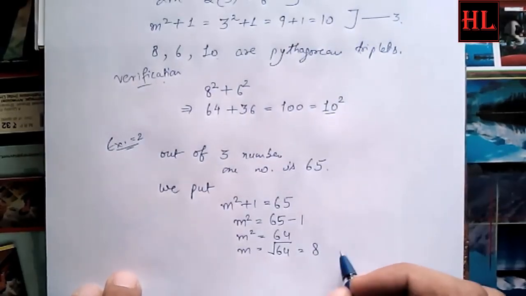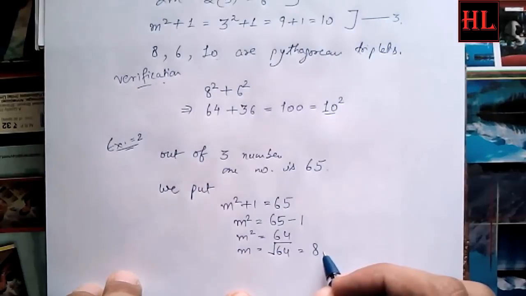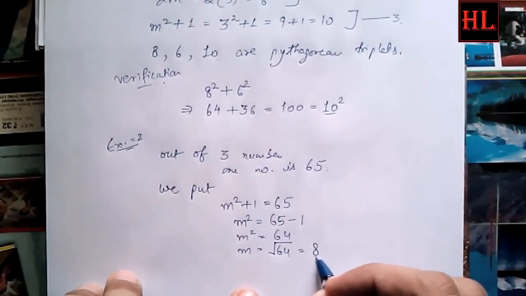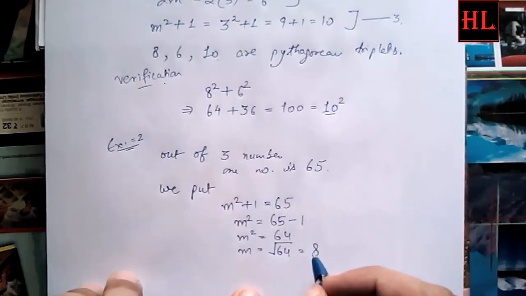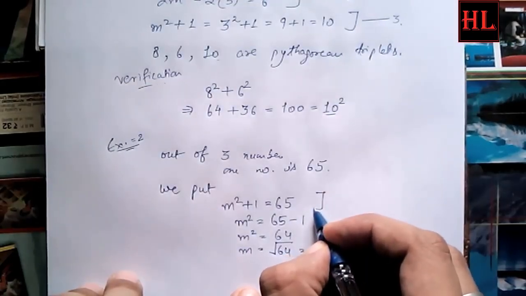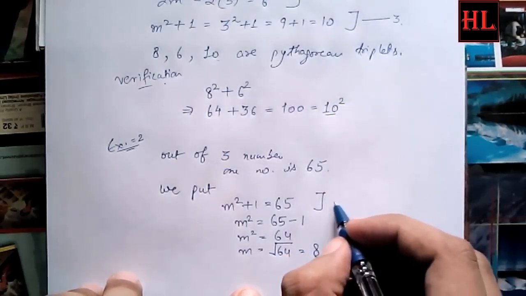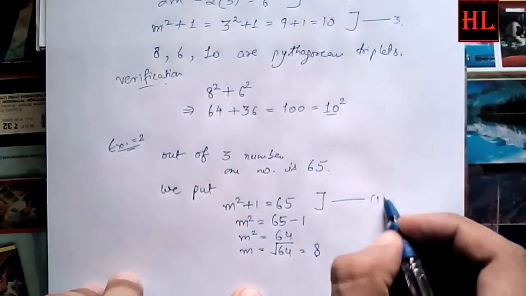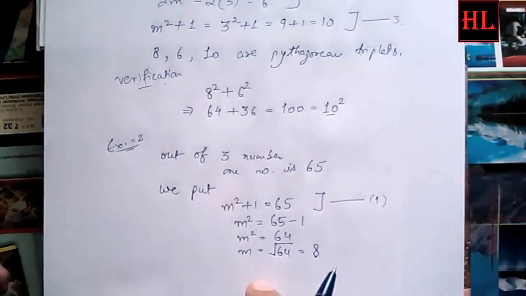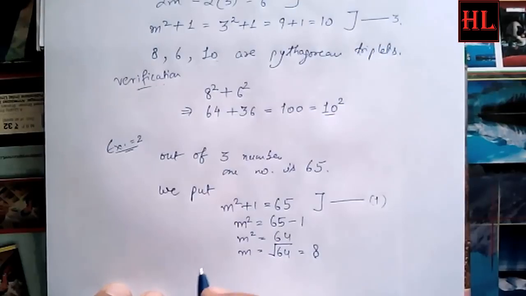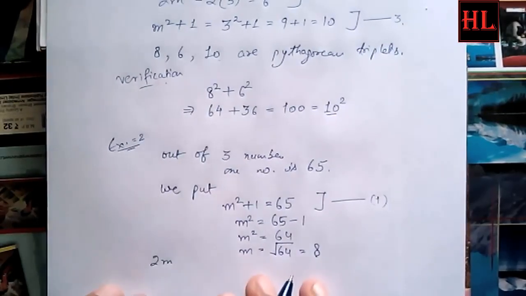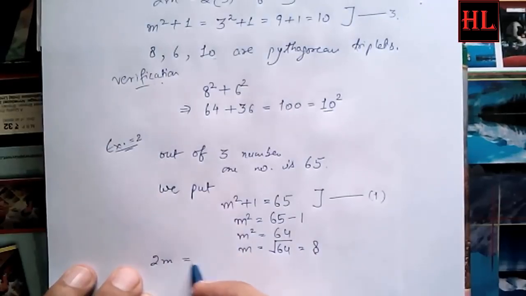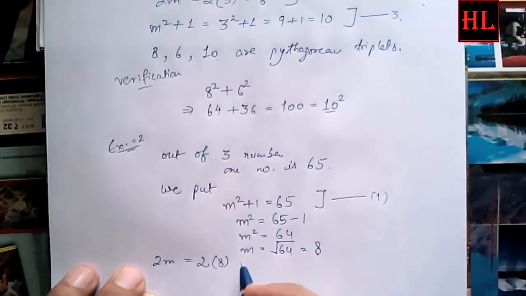Now we have one number out of these three. The value of m is 8 and one number of the Pythagorean triplet is 65, that is already known. Now we'll find the other two numbers. The second number will be 2m, and the value of 2m will be equal to 2 multiplied by 8.